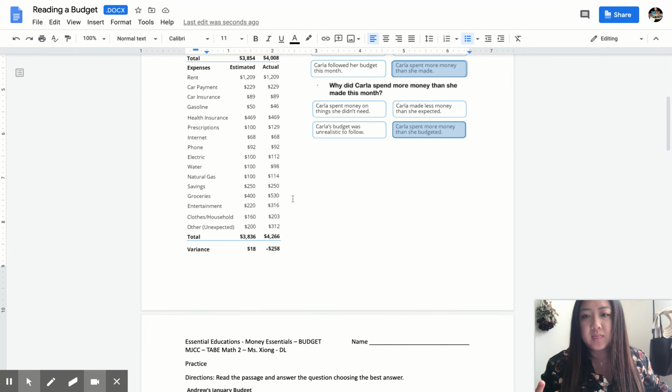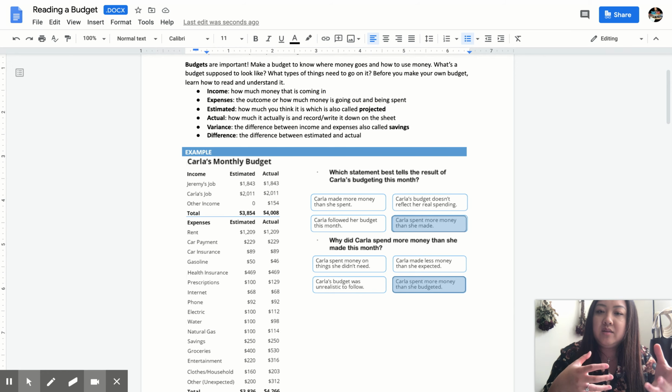After that, throughout the month, you need to record and write down how much you spend or how much money you make, and then at the very end, you can record the actual amount, all right? So that's the third column. After the month, you can finally look it over so that next month you can make a better estimate, a better budget for the following month.